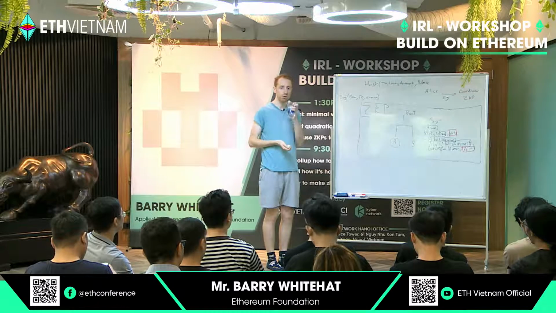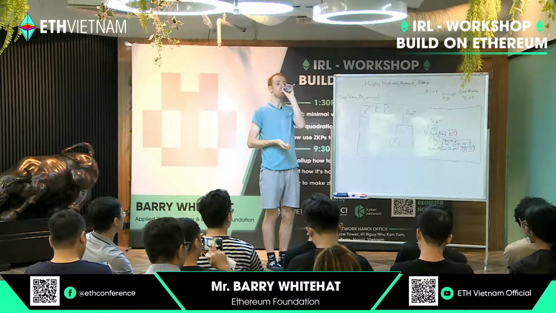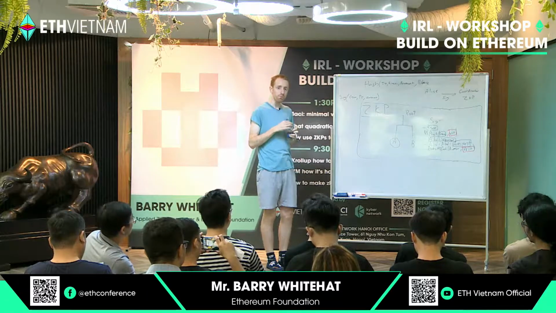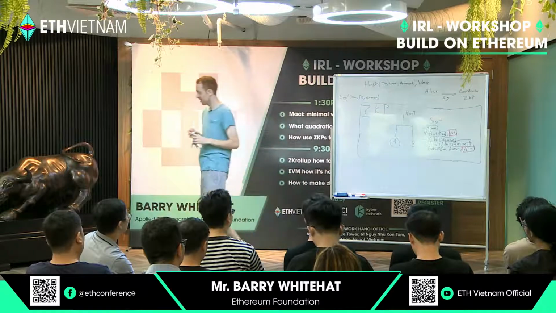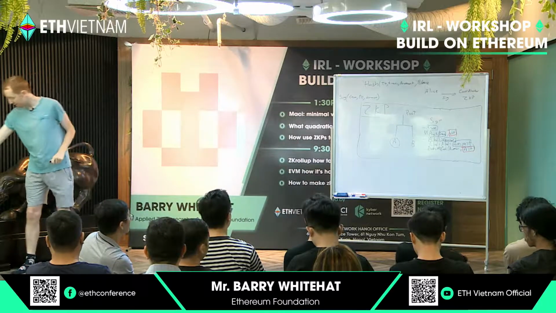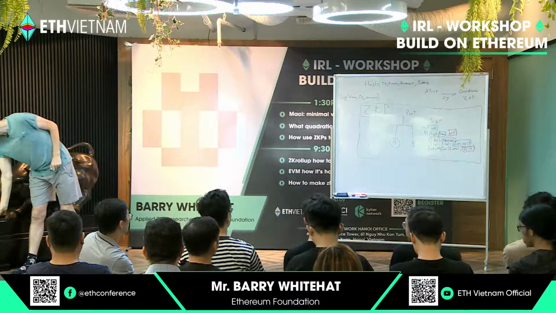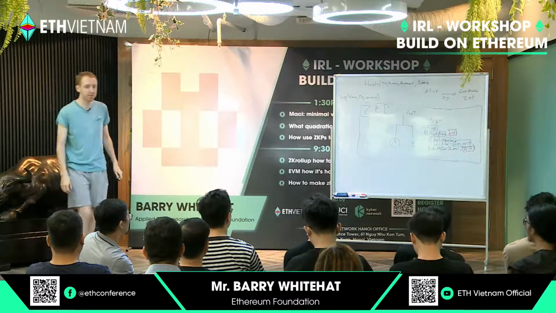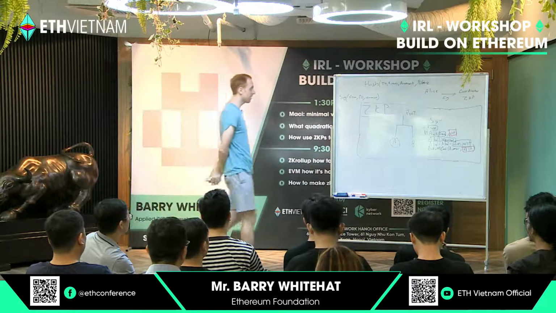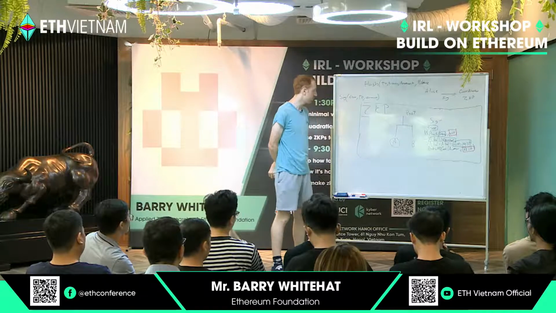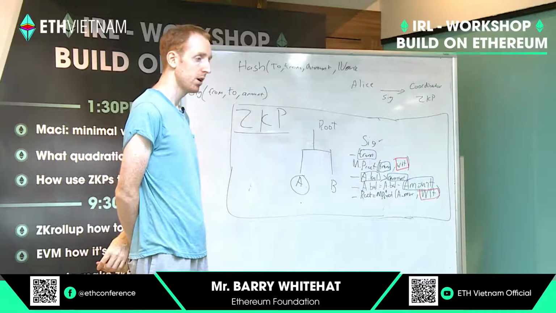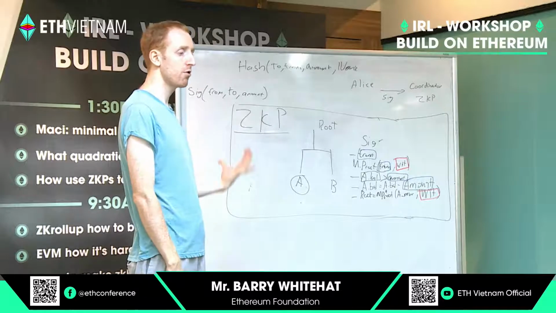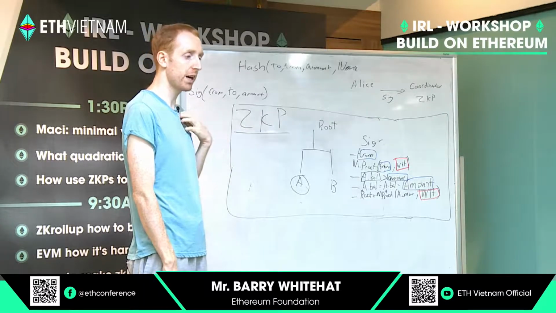Okay, any other questions? Great. So what's the next thing that we need to do? We processed half of the transaction. We've updated Alice's leaf. We've reduced Alice's balance. So now it seems like the tree is missing some money.